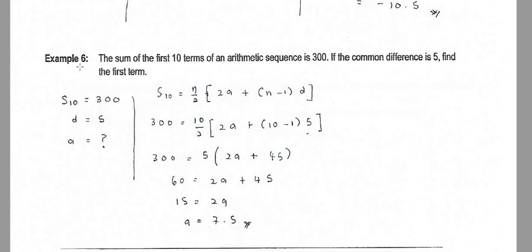And the question wants us to find the first term, so we want to find A. Since we have S10 equals 300, we use the formula to find the sum. So S10, substitute as 300, substitute n as 10, substitute n again, 10, and substitute D, 5. So after some calculation, we get A equals 7.5.